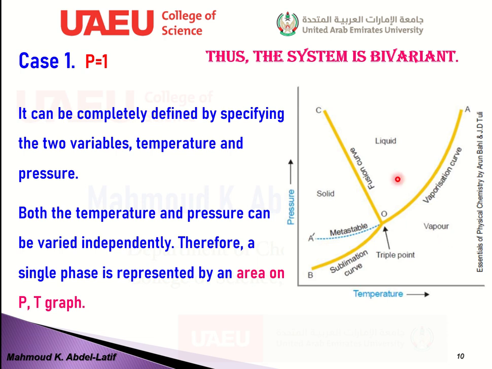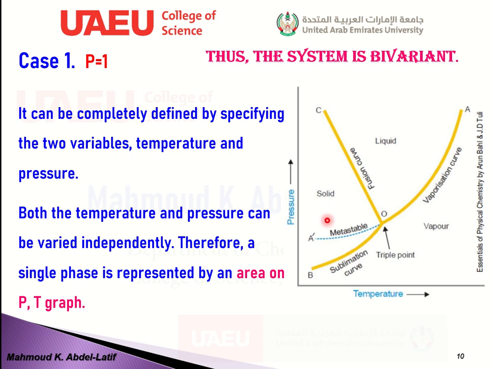So at any point here, you can move without any restrictions. If you move from up to down here, for example, or from left to right, you still have one phase. You keep considering just one phase, so temperature and pressure can be varied independently.